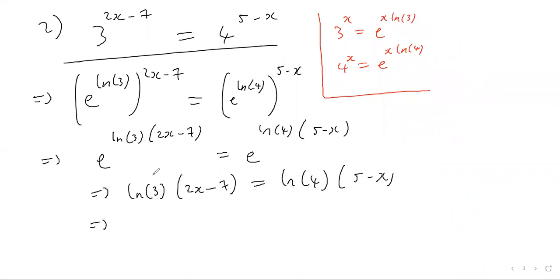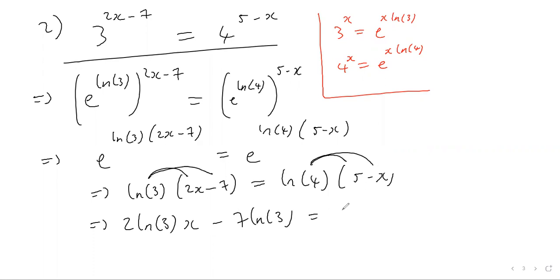So we get 2 ln 3 lots of x take away 7 ln 3 is equal to, expanding the brackets there, 5 ln 4 take away ln 4 of x.